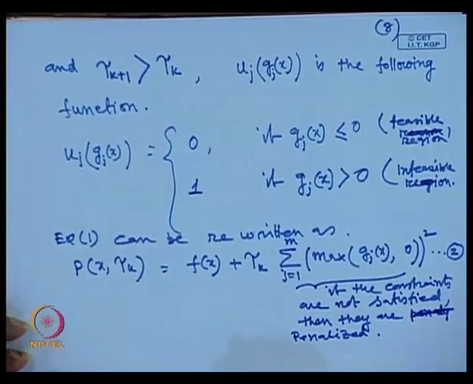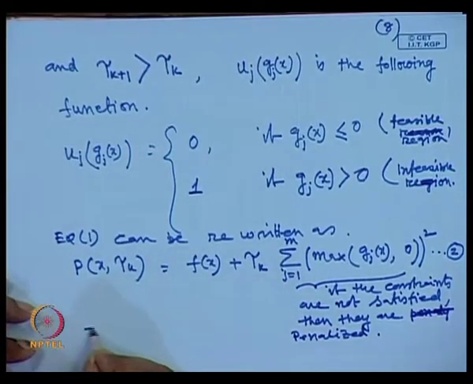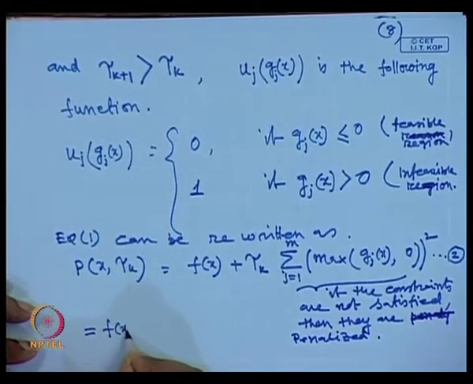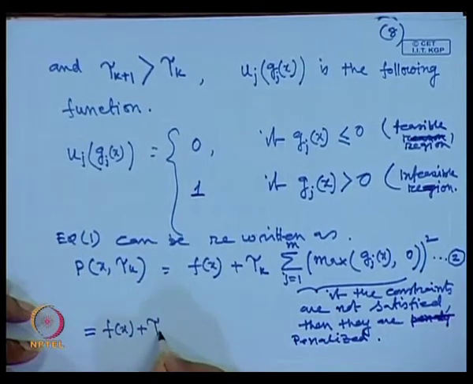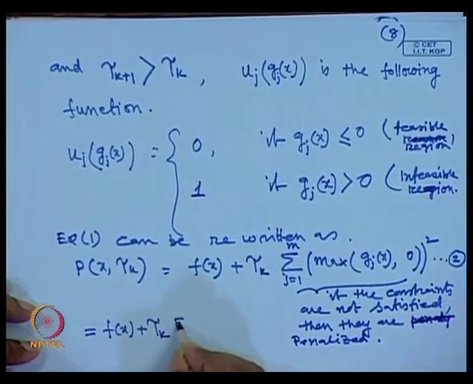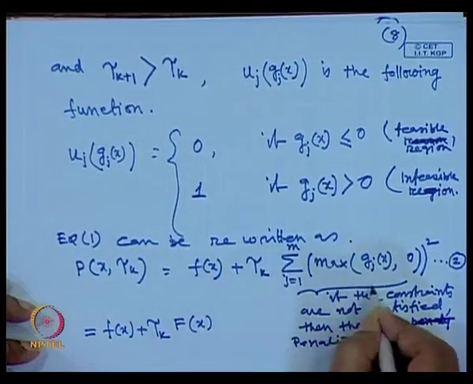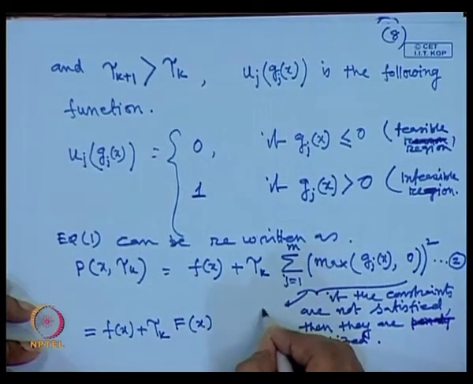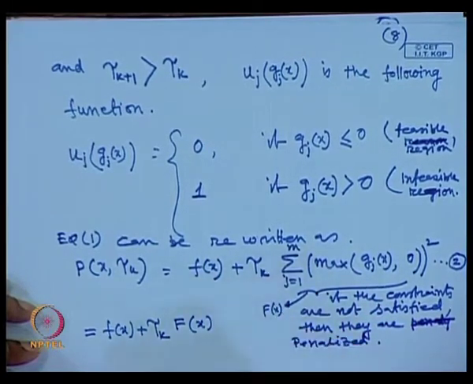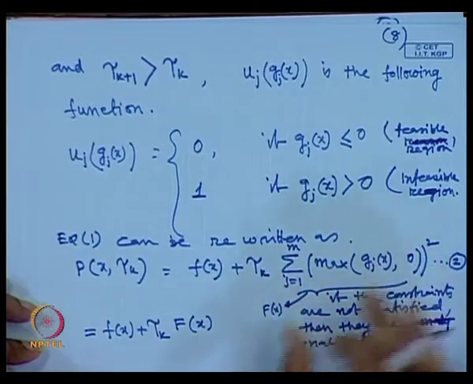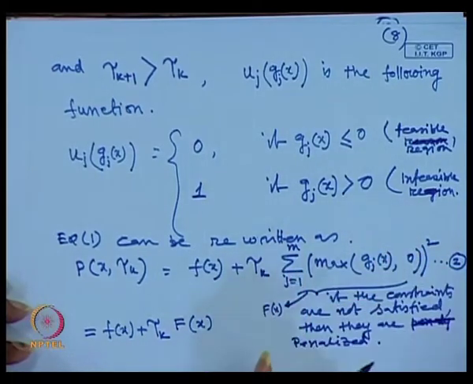Okay. So, this equation I can write as f(x) plus tau_k times the summation, that whole thing I am writing, this portion is f(x), and this is the summation of this one.